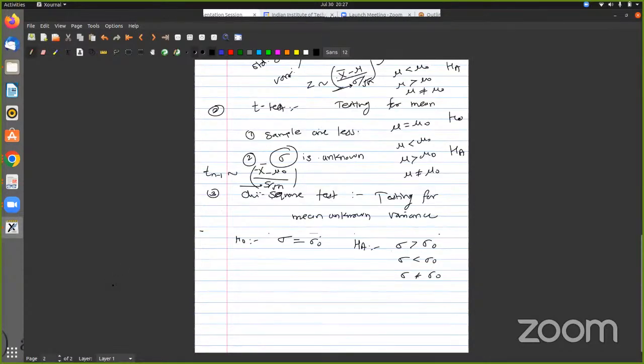Here in the chi-square test, it will be n minus 1 divided by sigma naught square into s square.